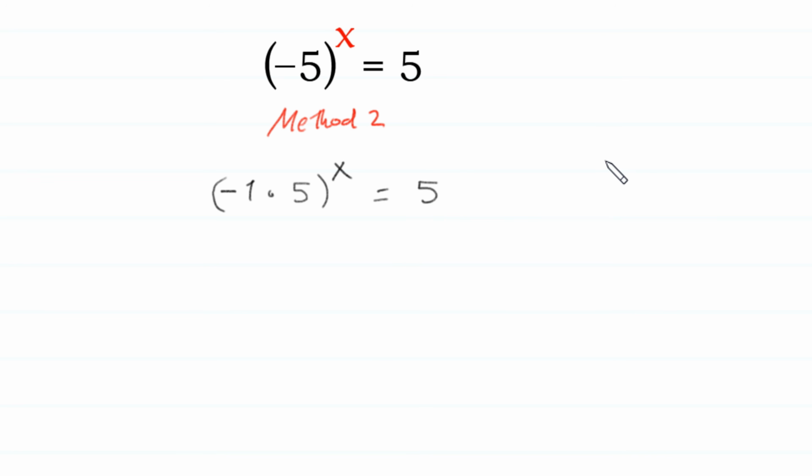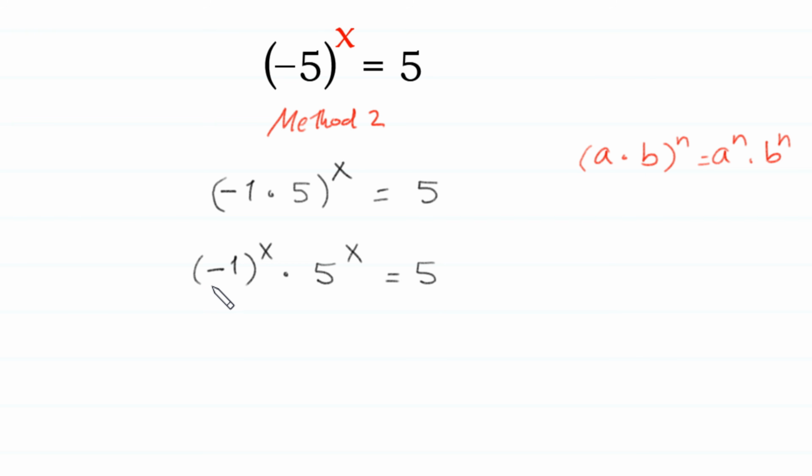And according to the property of exponents, a times b whole to the power n is equal to a to the power n times b to the power n. This power x will become the power of this negative 1 and of this 5. Negative 1 to the power x times 5 to the power x is equal to 5.